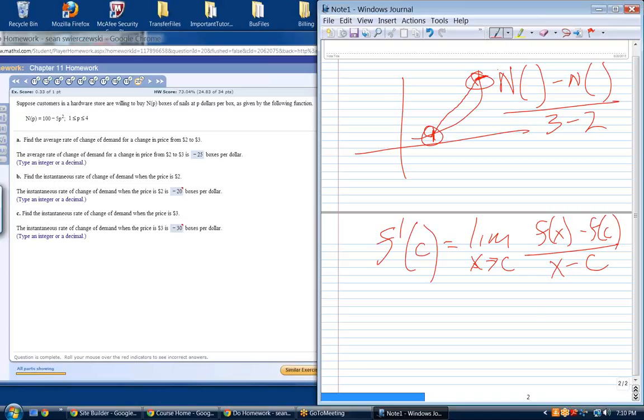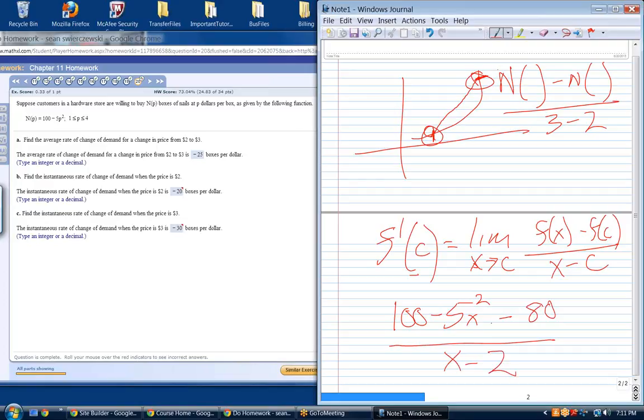Okay. Let's see what happens if we apply this definition. F of x is 100 minus 5x squared. We'll use x instead of p. Minus f of c, c being 2. So when we evaluate 2 there, we get 80, all over x minus 2.